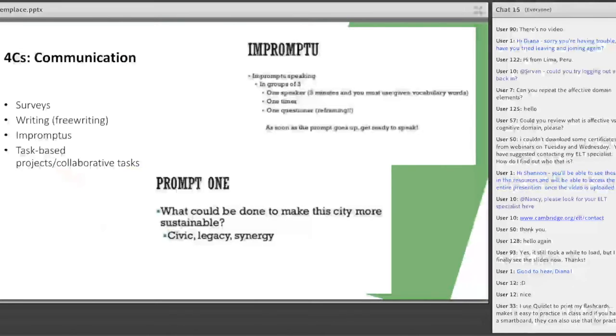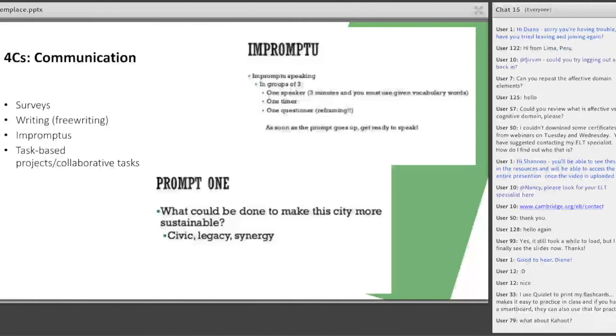So for independent production, there are several things that can be done. Surveys are great, and surveys could be built in as a project for the class or for small groups, where I might focus on a theme and have my students go out and survey. So they're going to be asking students on campus with those vocabulary items.